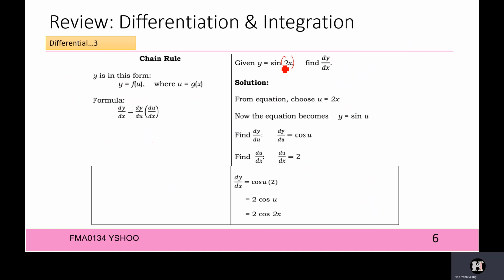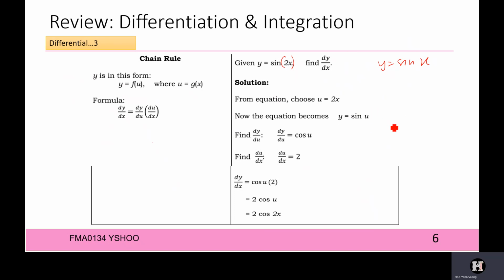You want to differentiate y, but in your vocabulary you only have how to differentiate y equals sine x. But the question now here is sine 2x. So what you can do is substitute 2x to become u. So you are going to have y equals sine u now.